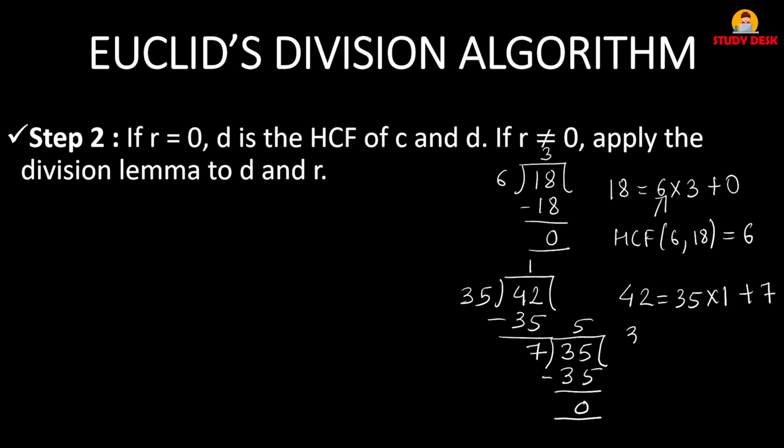We are taking 35, which is the divisor of the previous step, as the dividend, and 7, which is the remainder of the previous step, as the divisor. We are multiplying 7 with 5. We will get the remainder as 0 in this case. So here we will stop our procedure, and at this stage we will consider the divisor, which is 7, as the HCF of 42 and 35. So HCF of 42 and 35 will be equal to the divisor at the last stage, which is 7.